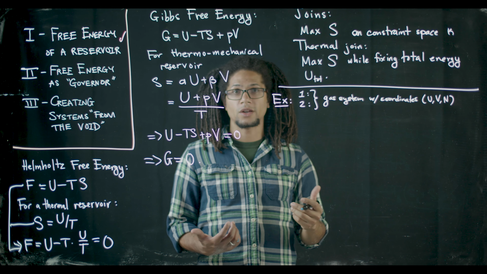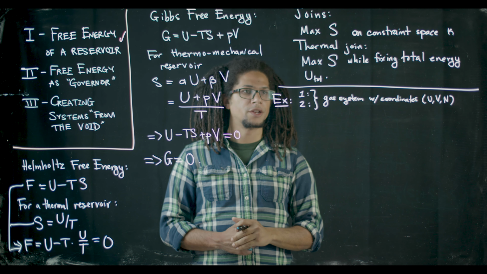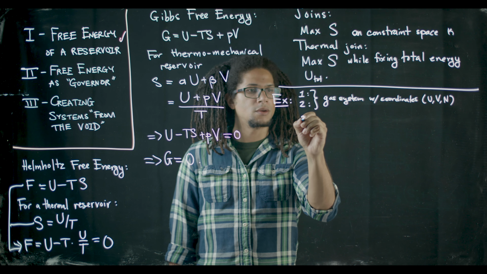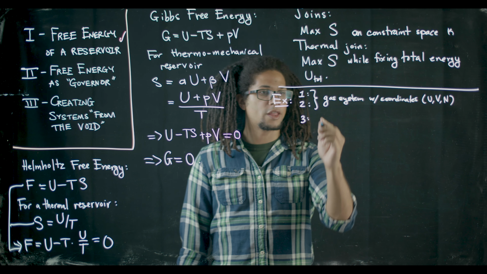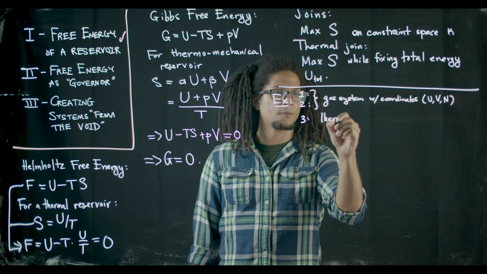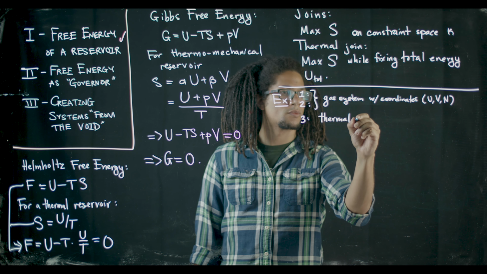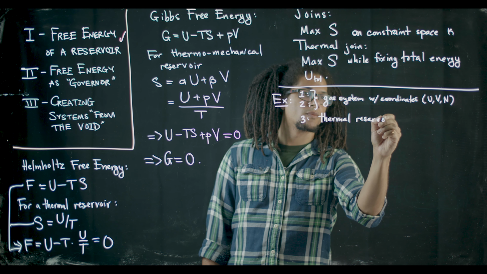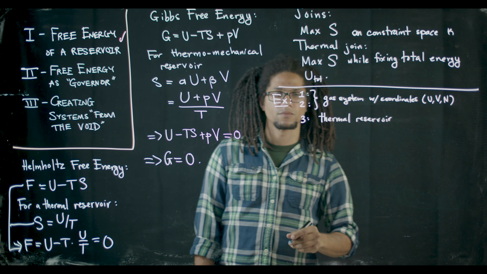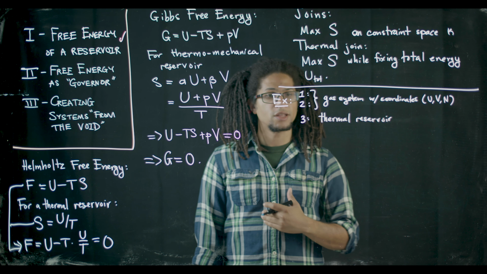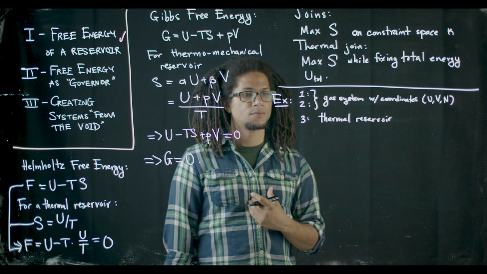We could use internal energy work coordinates for any system we wanted. The third system will be a thermal reservoir. Awesome. And now let's do a thermal join on the system.